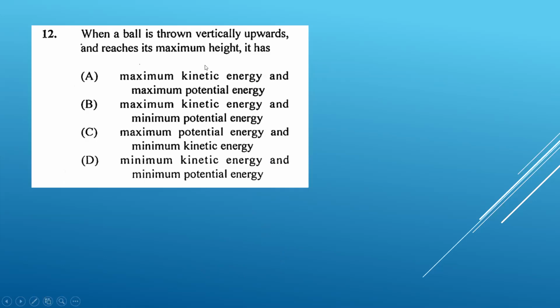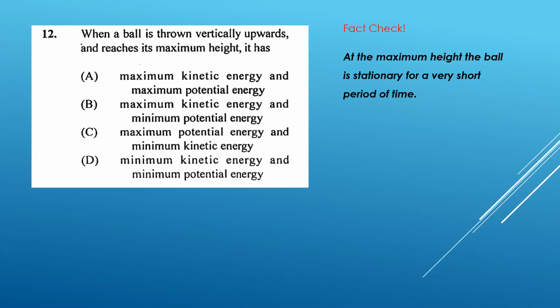All right. When a ball is thrown vertically upwards and reaches its maximum height, it has, so this one is about energy, kinetic and potential. And we know that when the ball reaches the maximum height, it becomes stationary for a short period of time. And when an object is stationary, it has zero kinetic energy.